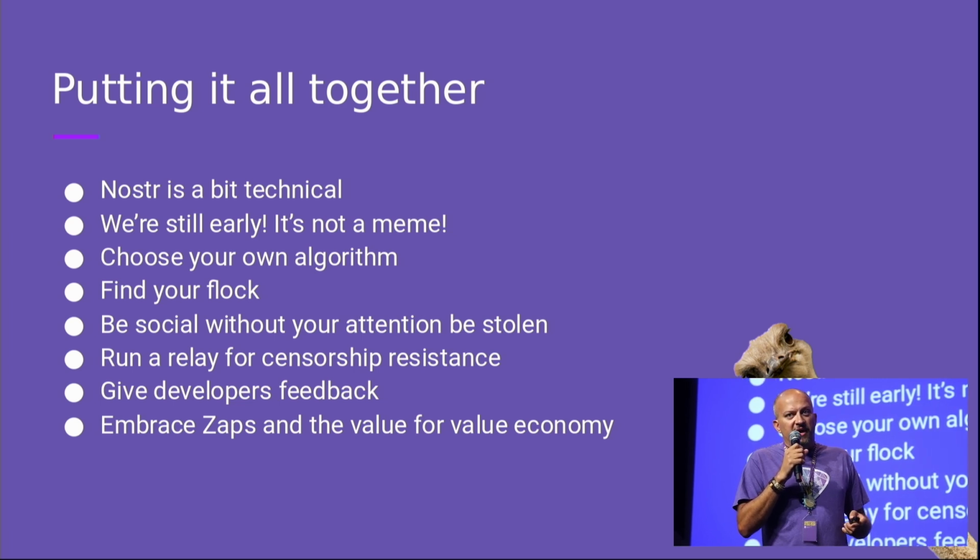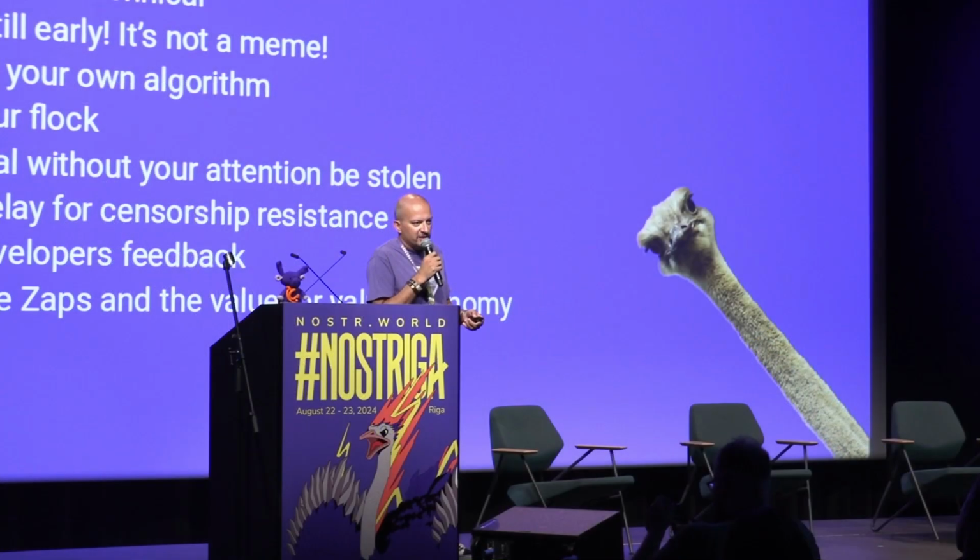But the nice thing about these algorithms, they're not force-fed to us. We don't have to use them, and they're open and they're transparent. On some clients, you have the option to configure and build the type of feed that you want. Really, really powerful.